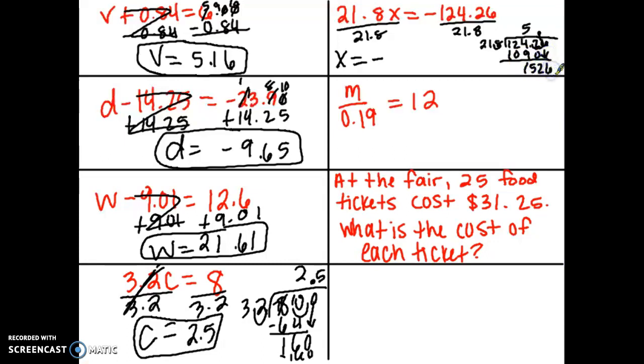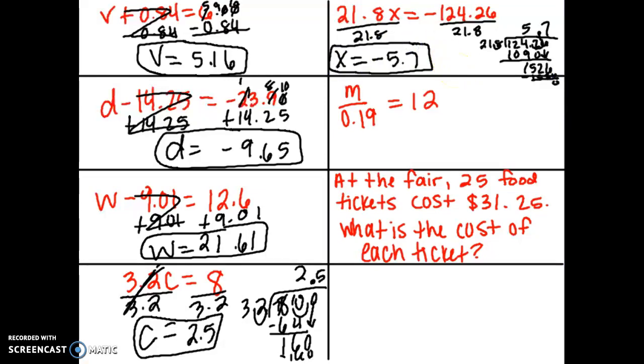Bring down your 6. 218 will go into 1,526 7 times. So my answer is negative 5 and 7 tenths.